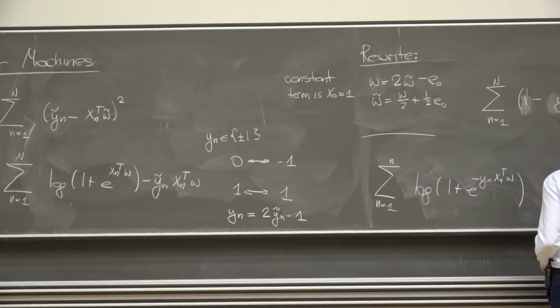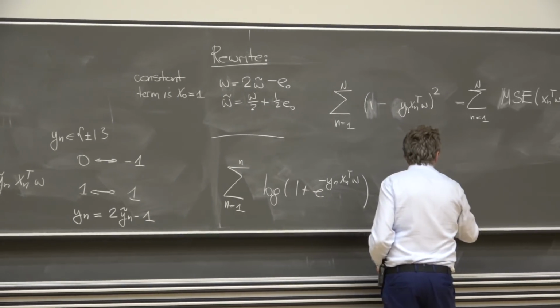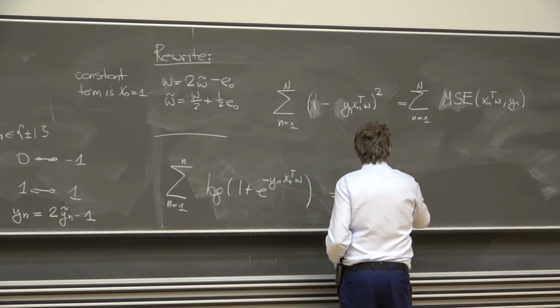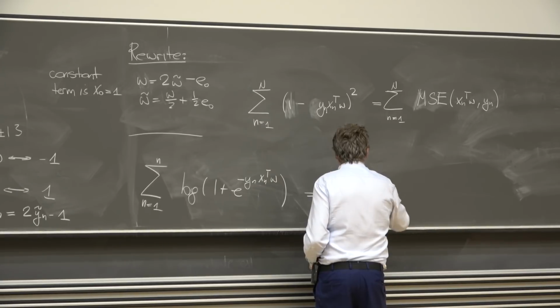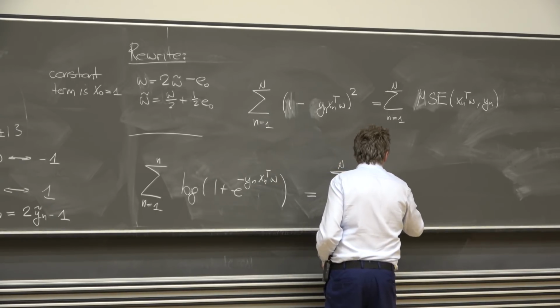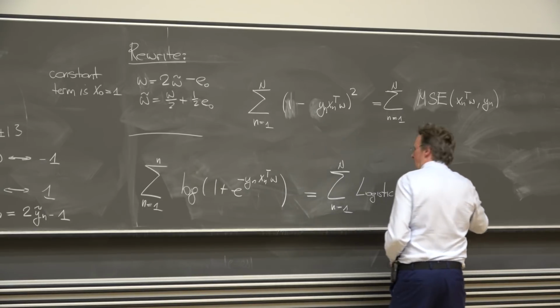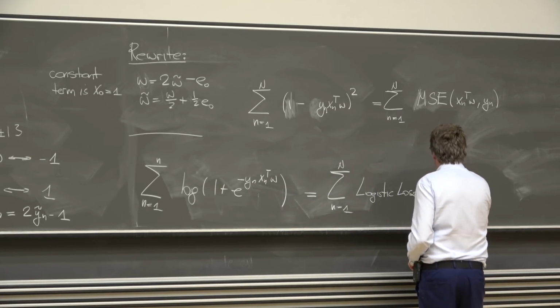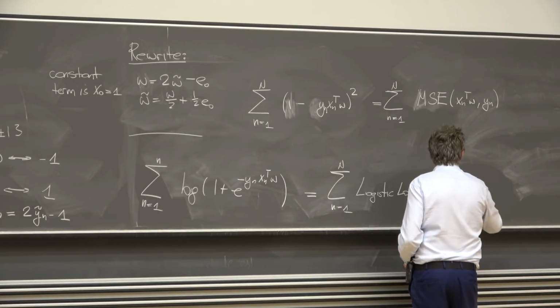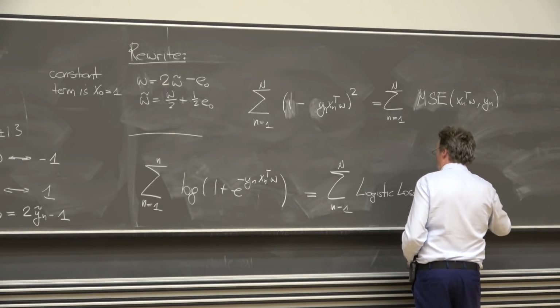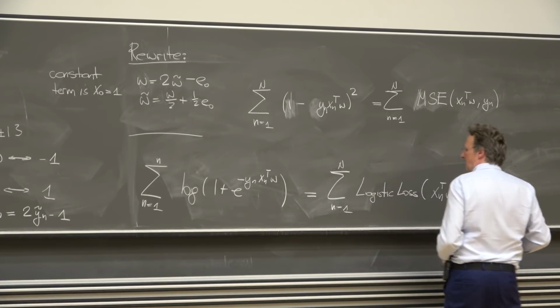So let me write this now as the sum over n from 1 to N, and let me call it the logistic loss. Again, this depends on two parameters, namely x_n t, the prediction, and then the actual label.